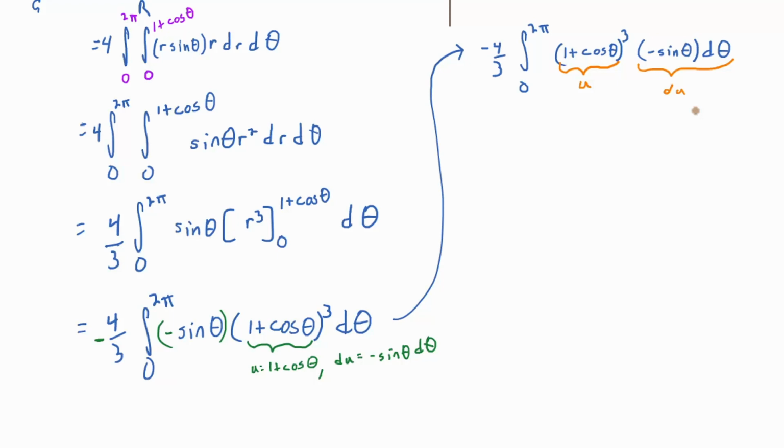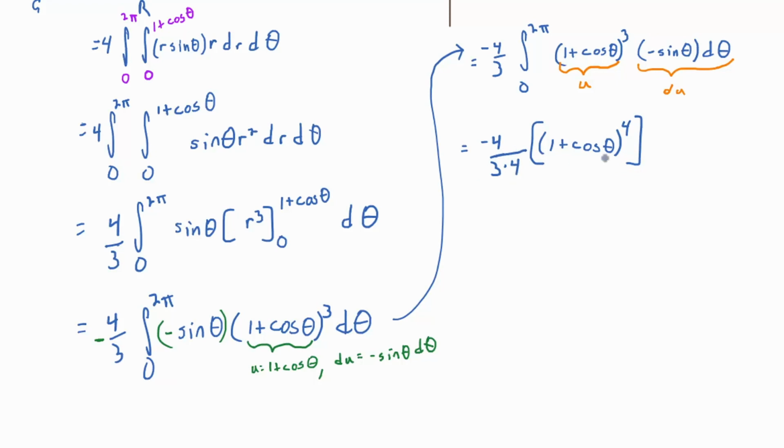Oh, it's just the 1 plus cosine theta. I'm going to use the power rule on that, right? Because 1 plus cosine theta cubed, it's u cubed. So what do you get without actually making the substitution for an antiderivative here? Yep, 1 plus cosine theta to the 4th power, and then I should put that division by 4 outside, so I'll put it in as a factor in the denominator right there.